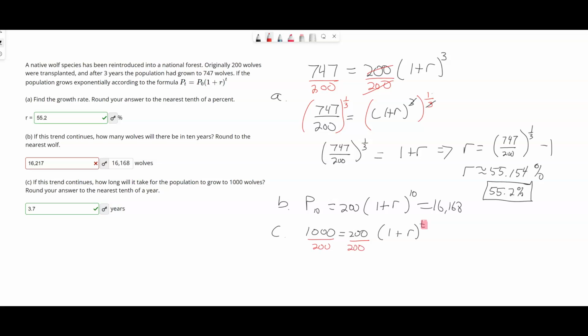So we divide by 200. That gives us 5 equals 1 plus r to the t. Now the step to solve for t is the natural log step. That allows us to bring this t out in front. So natural log of 5 equals t times natural log of 1 plus r.